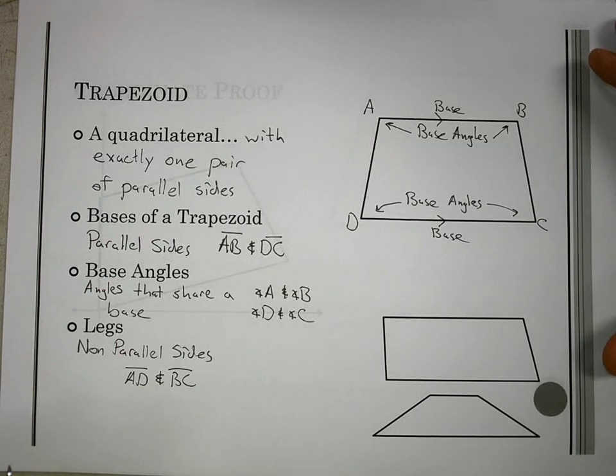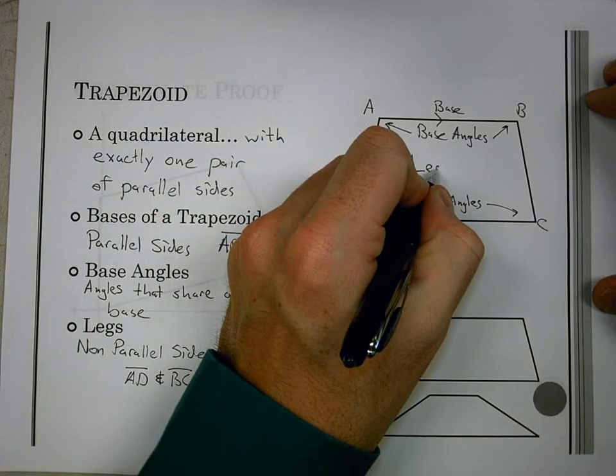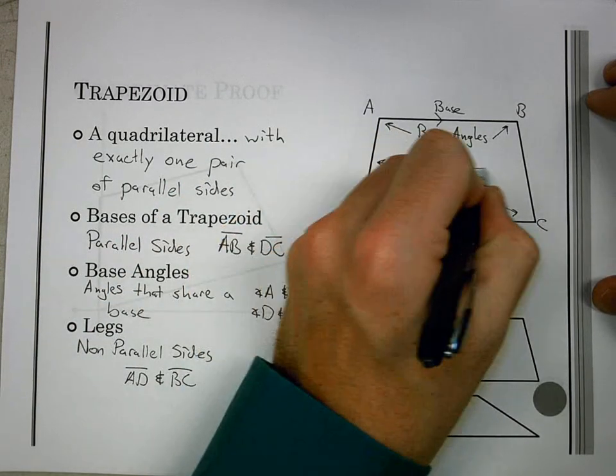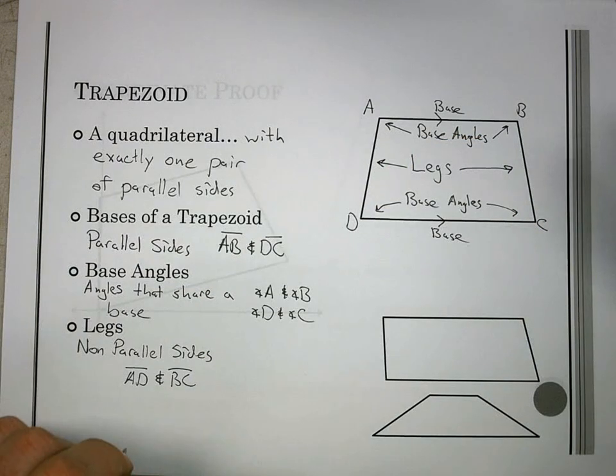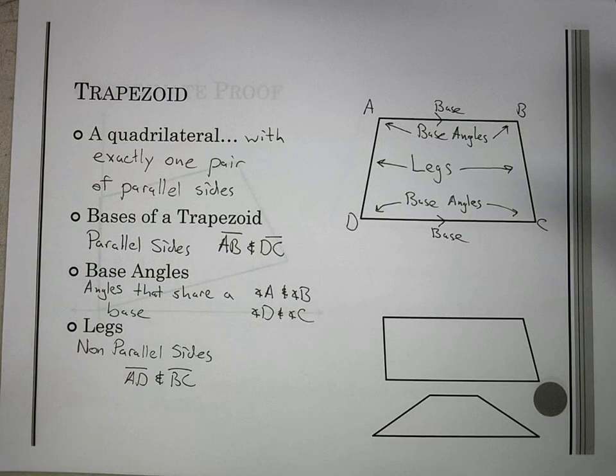As long as they're not parallel and AB and DC are, we do have a trapezoid. But for right now, we're just identifying them as the non-parallel sides. So really all we can do so far with the trapezoid is just to identify that there is exactly one pair of parallel sides, AB and DC, and as long as that other set is not parallel, then it's still a trapezoid.